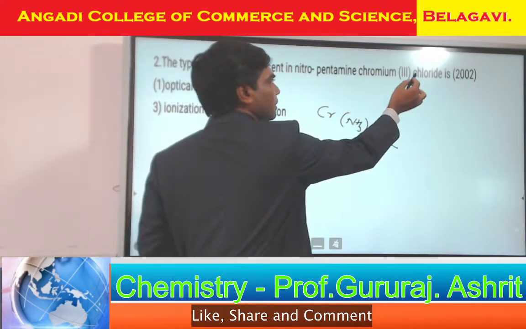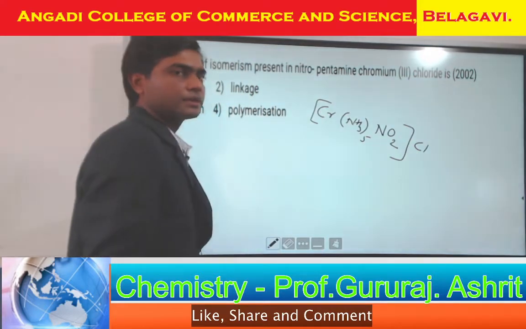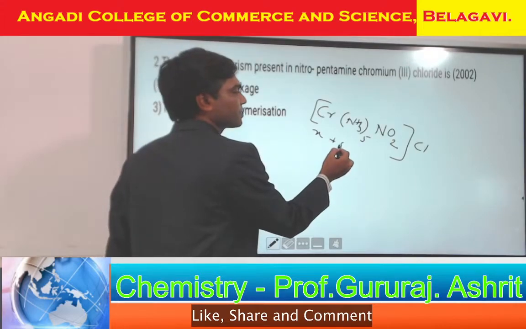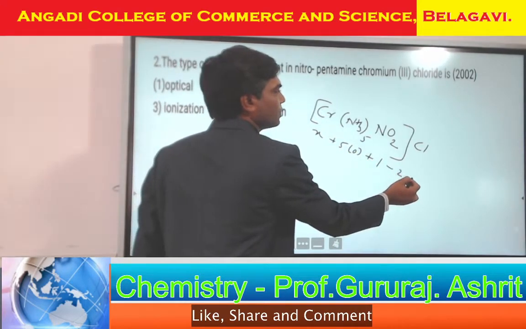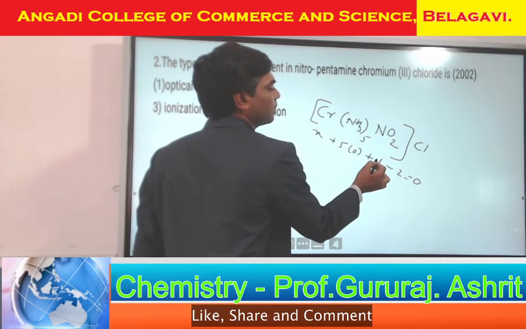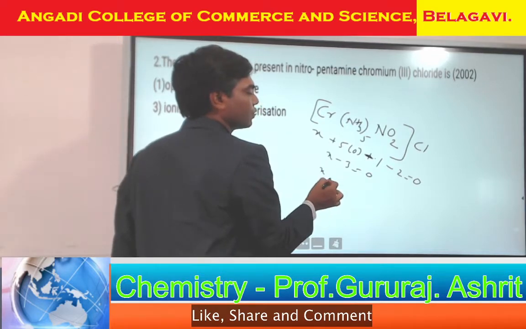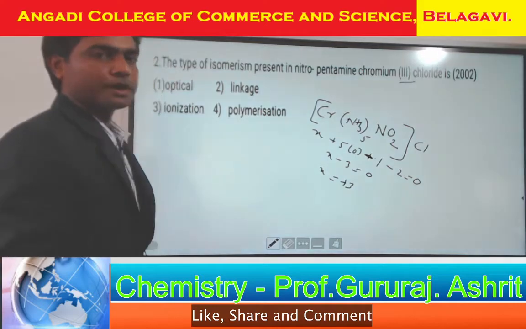Chromium is the metal. Chloride is outside. So first write like this. Check whether the oxidation state is correct or not. X plus 5 into 0 plus 1 into minus 1 plus minus 2 is equal to 0. X minus 3 is equal to 0. X is equal to plus 3. So I got this one. But now it is not the answer.